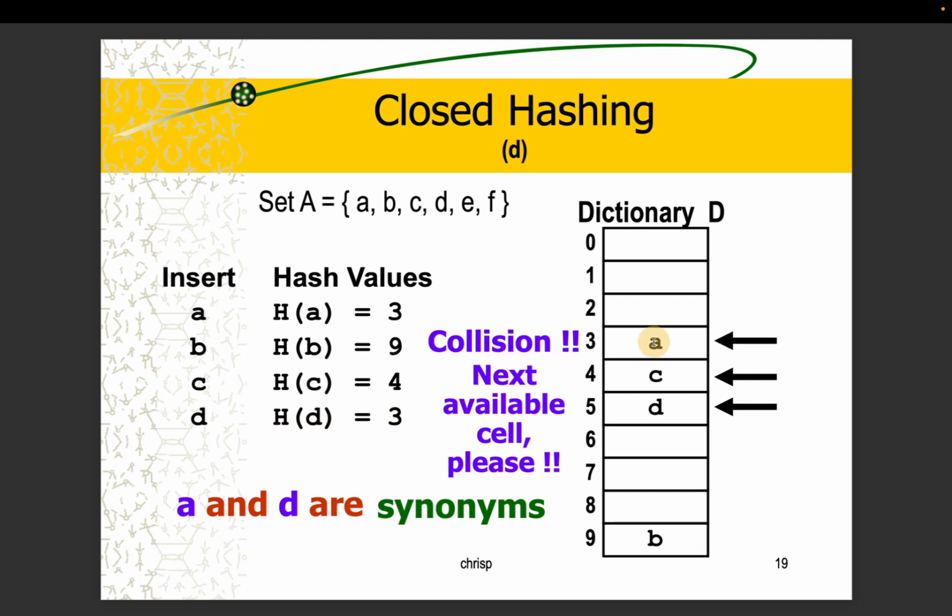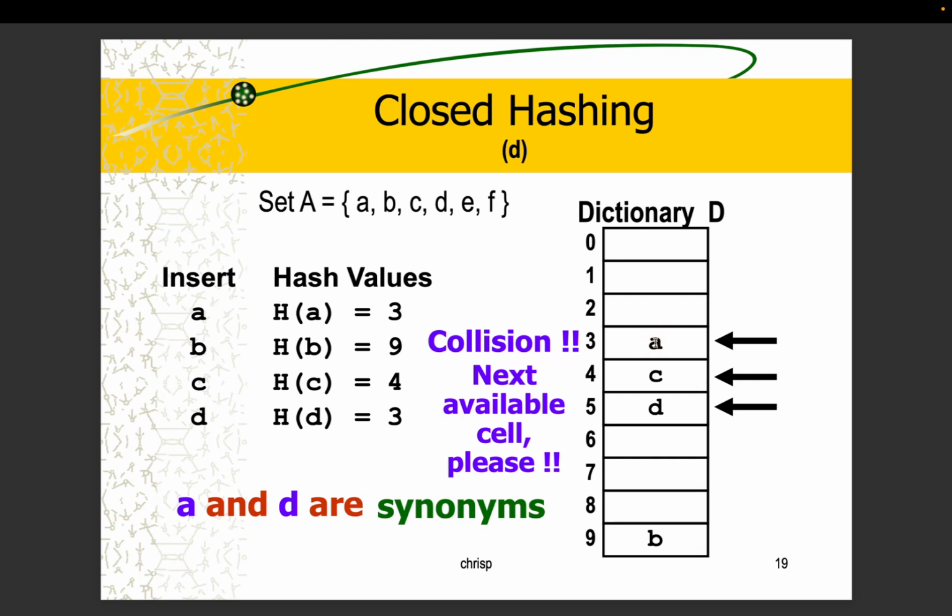D says, "I was supposed to be here, but why is letter A here?" That means there is a collision. D, who was supposed to be in index 3, finds it already occupied by A. So what happens? You go to the next available cell.